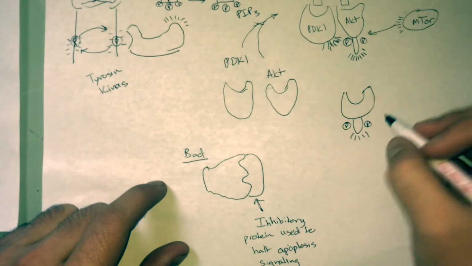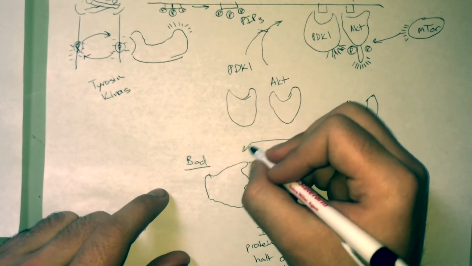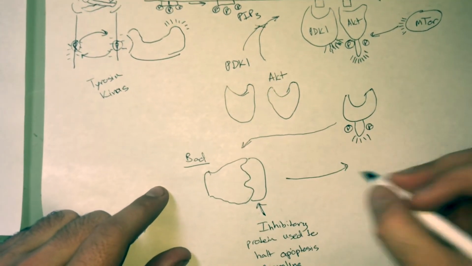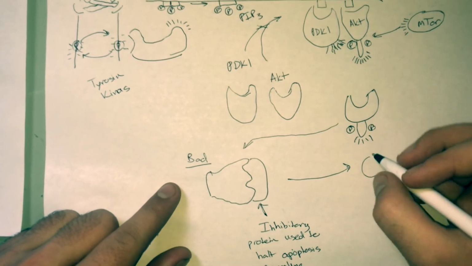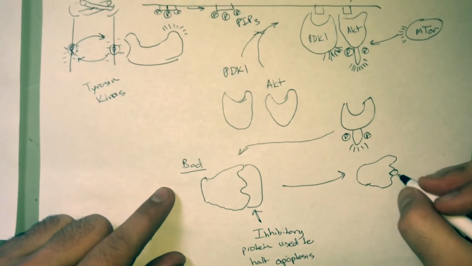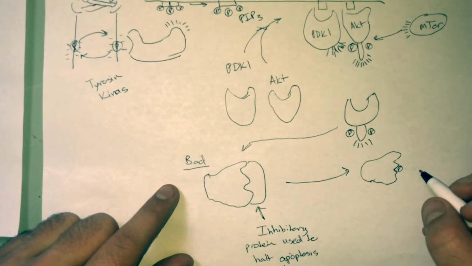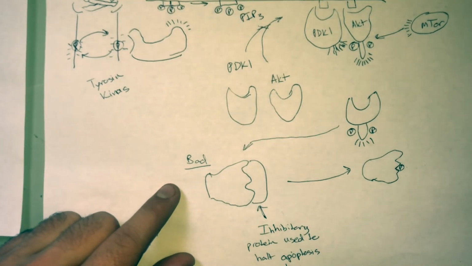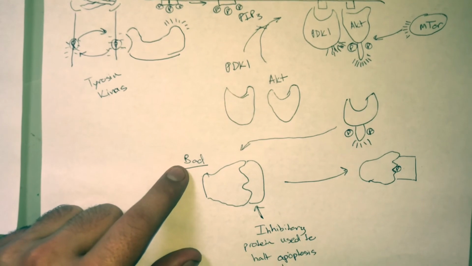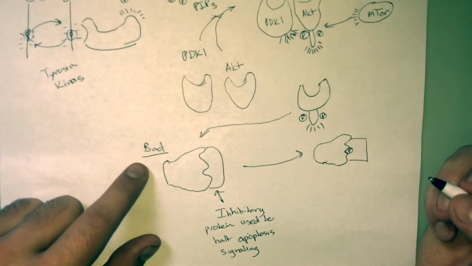So active AKT will recruit itself to the BAD protein. It will phosphorylate the BAD protein so that BAD moves out, is phosphorylated, and when it's phosphorylated, it recruits another protein called 14-3-3, and this blocks off the BAD protein so that it cannot activate or bind any other substrate.